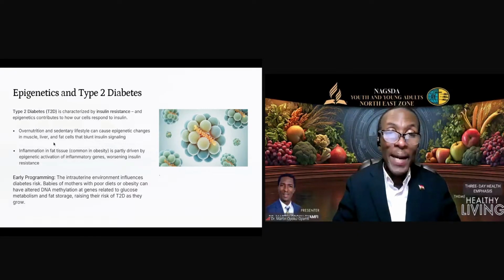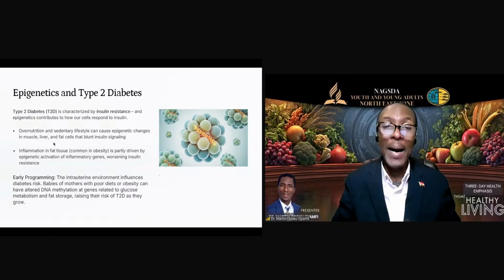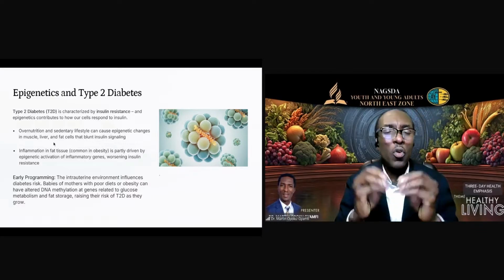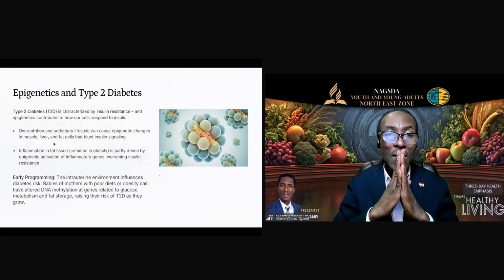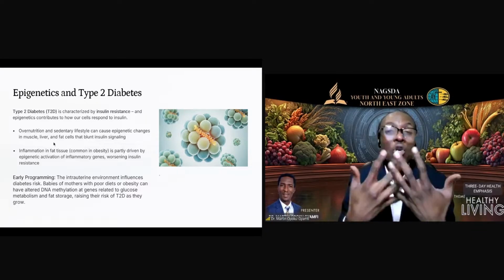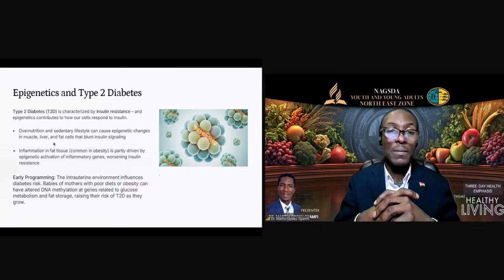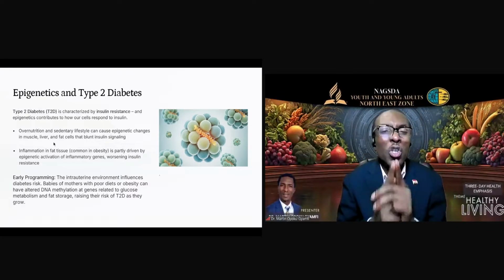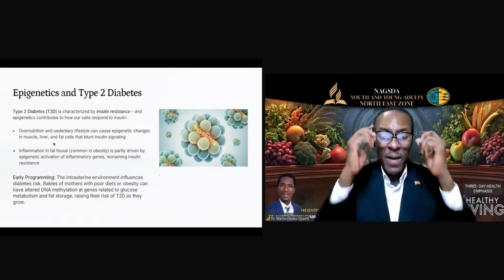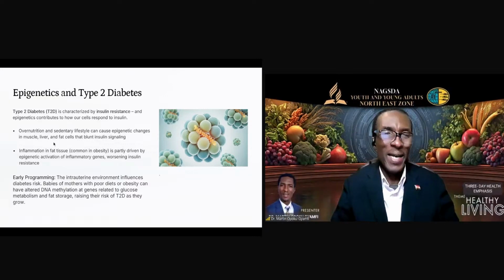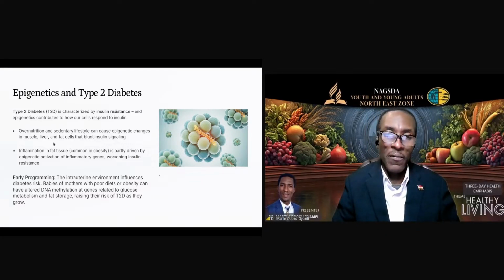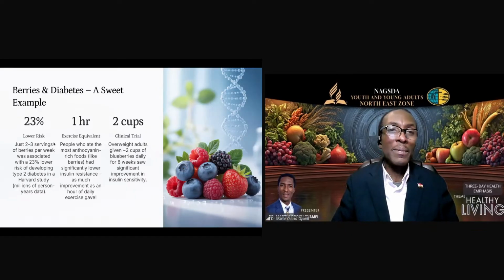So babies of mothers with poor diets or of mothers with obesity can have their genes altered through methylation, which affects glucose metabolism and fat storage. And so if you care about your children, or your future children, you have to be very careful what you eat, especially when you're pregnant, because you will create epigenetic tags that will affect your children in future. All right.